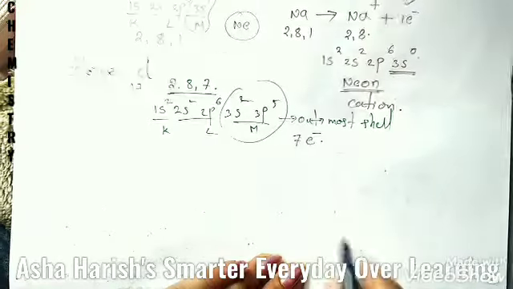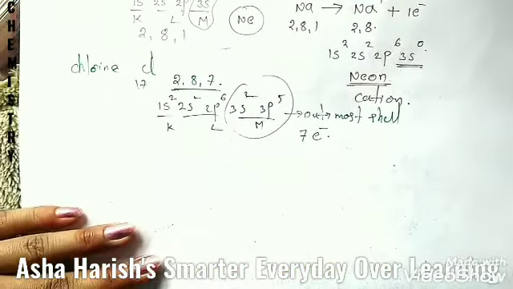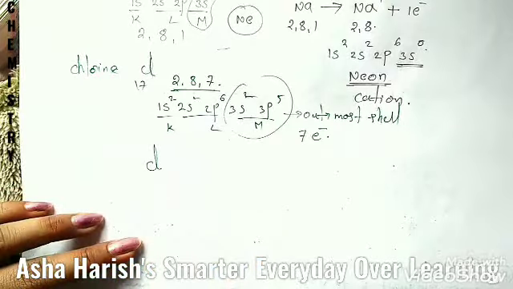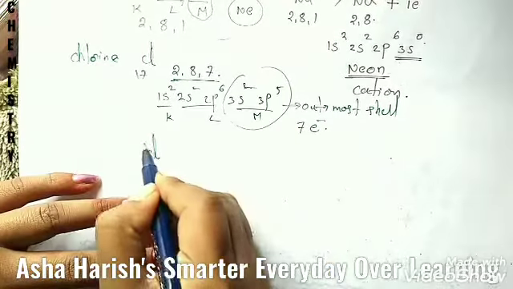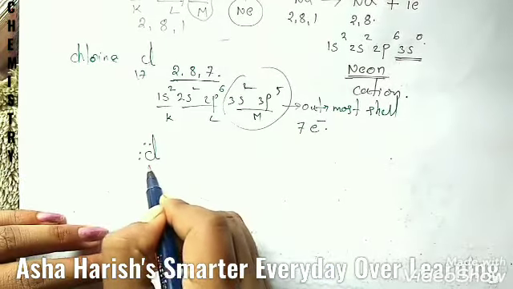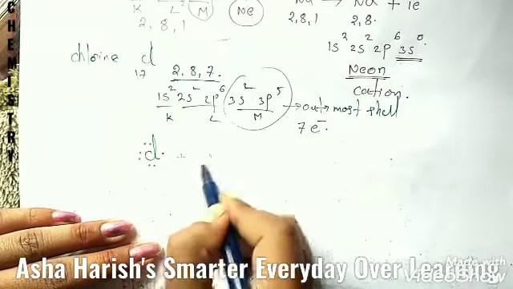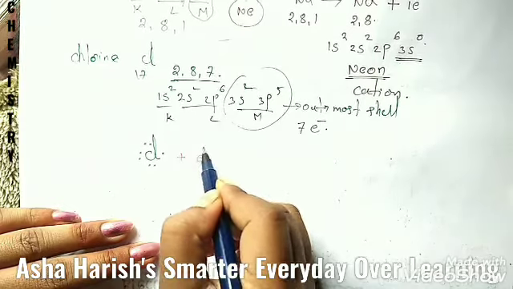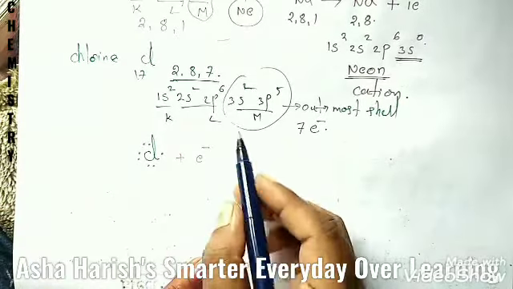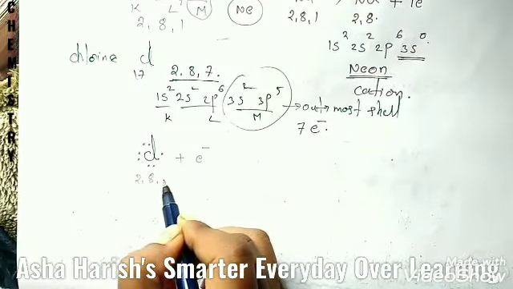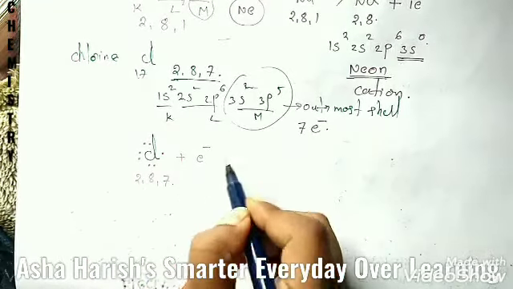Okay students, and if you represent these valency electrons around the chlorine atom, 7 electrons, 1, 2, 3, 4, 5, 6, and the 7th electron is alone here. It needs to gain 1 electron. Here we can write the electronic configuration of chlorine as 2,8,7.